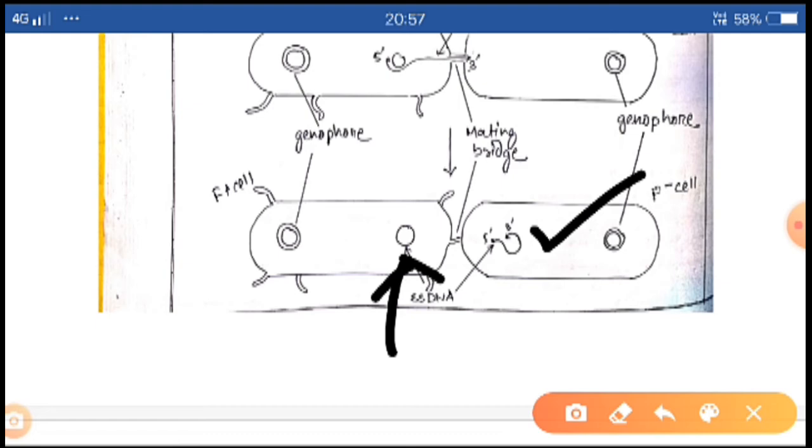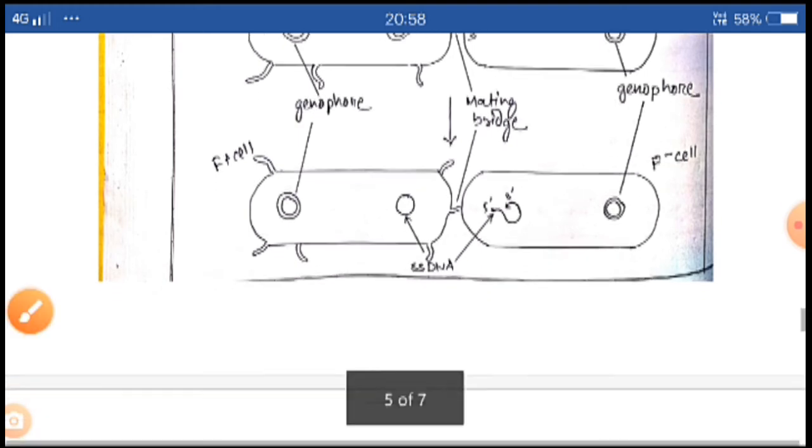That is, we may say that the F plus DNA's double-stranded structure will be converted into single-stranded, and one strand will be transferred to the F minus cell. Clear? That is, one single strand will remain in the F plus itself and another one will be transferred to the F minus cell. Okay.